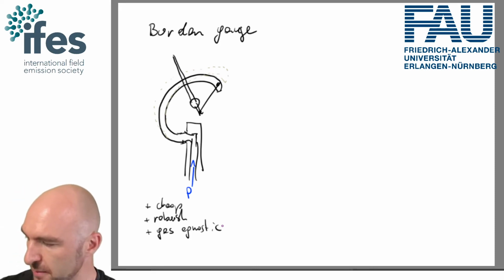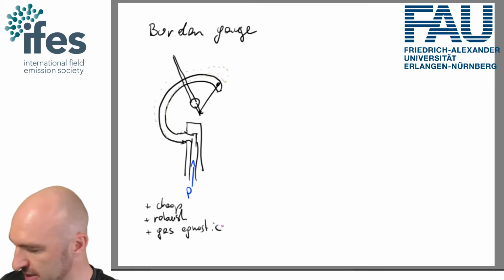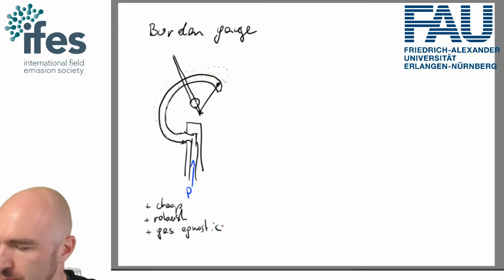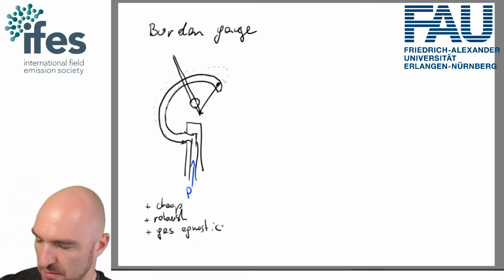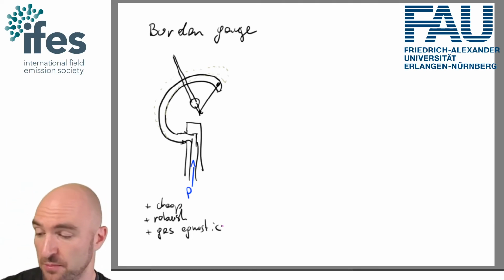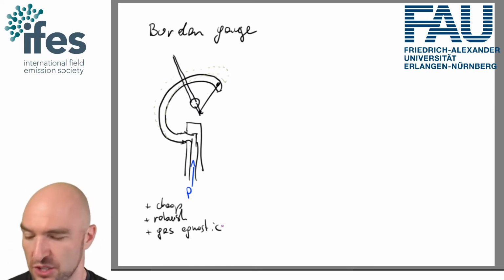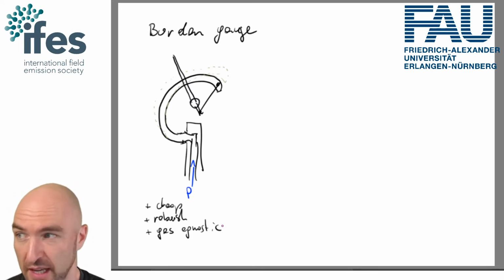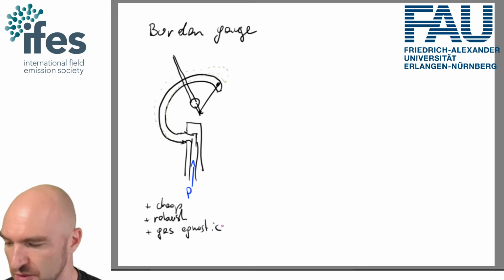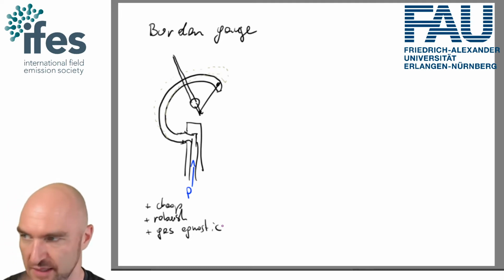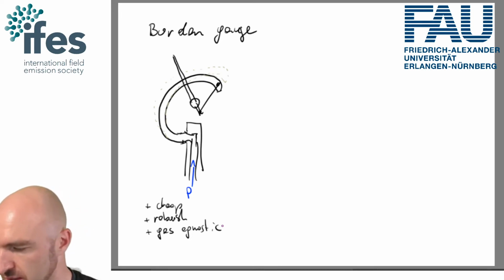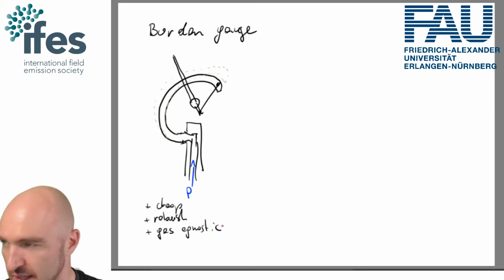But you can make them pretty easily, pretty robust, and also bakeable. If you buy a cheap one made for general purpose vacuum measurement in engineering, it costs about $12. If you buy a really expensive one for ultra vacuum science, it might cost you $200, 200 euros or something like that. It's not super expensive.